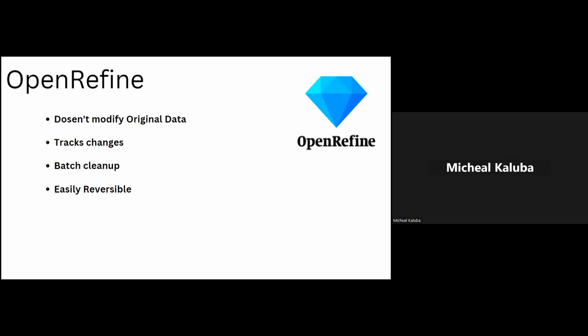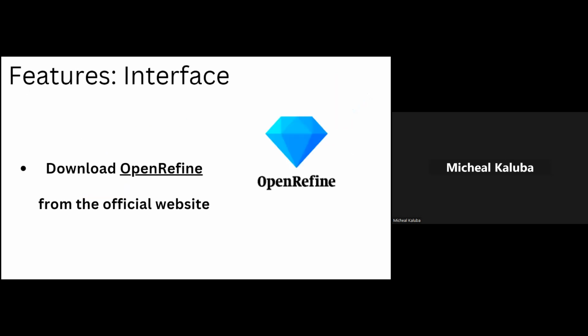You can do a batch cleanup. In the morning, I shared with you a data set of about 20,000 rows. So that's a whole lot of data being cleaned at once. The changes being made in Open Refine can be reversed, since it keeps track of the changes you're making on the data. The feature, yeah, like the interface of Open Refine.